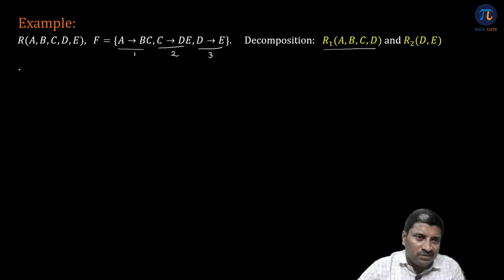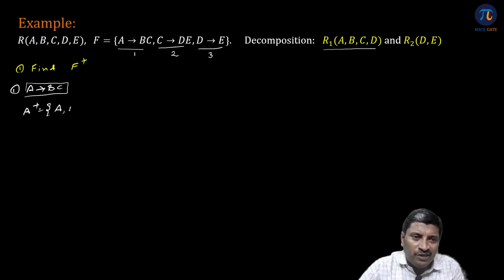What is the procedure? The first step is we need to find the closure. For that, consider the first FD, A implies BC. What is A closure? With A, you can get A, B, C. Anything else possible?